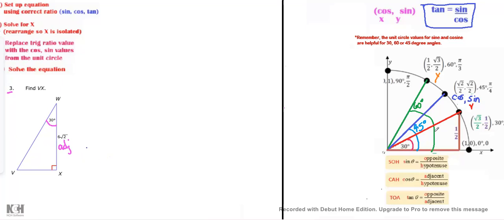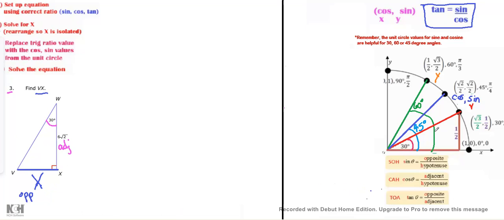Anyway, we're told to find the x, which is this leg right there. That's what we don't know, so we're going to label it x. And its position is opposite of the 30-degree angle. So what we're dealing with is an adjacent and an opposite.